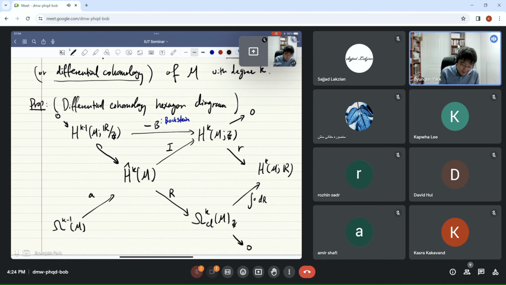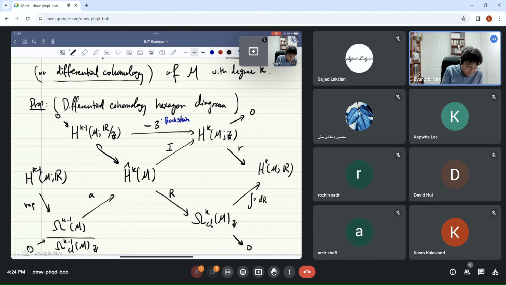But then this map has a kernel, which is the same degree forms, but closed with integral periods. And then we have this exact sequence. Then on this corner, we have 1 degree less real cohomology. And this map is just taking a representative of your cohomology class. Then that map is well defined, as you will easily see.